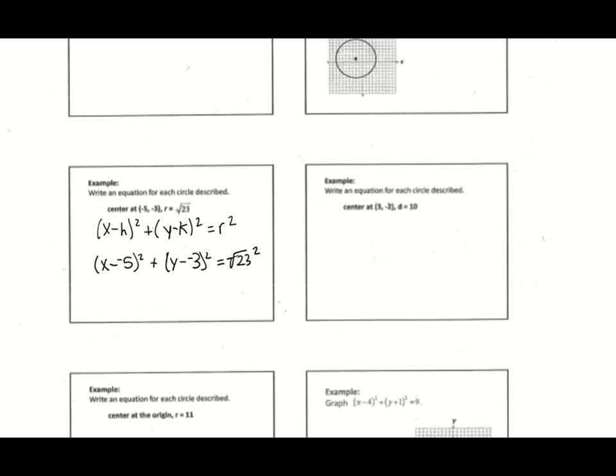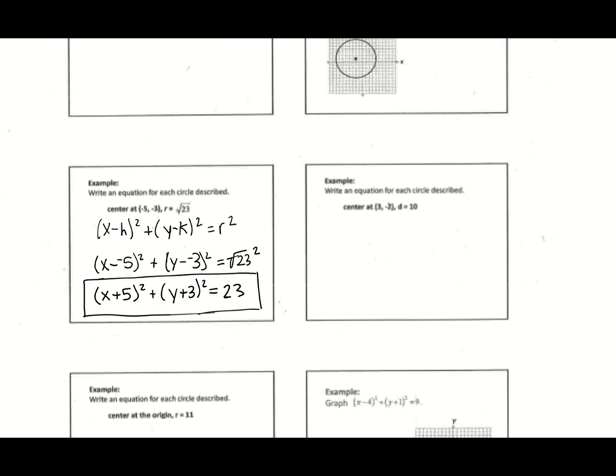Now I can simplify this. I know that a minus a negative is really a plus. Same with my y term, I have y plus 3. And when I have a square root and squared, those are inverse operations. So that gets rid of the square root and squared, and I'm left with 23. So that is my answer to the first question.